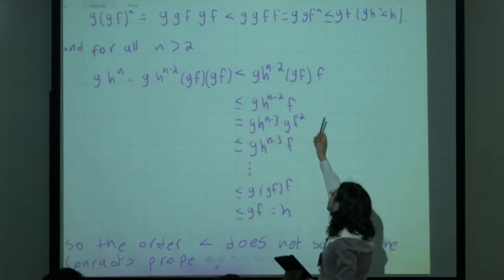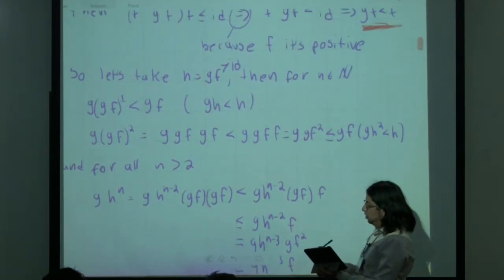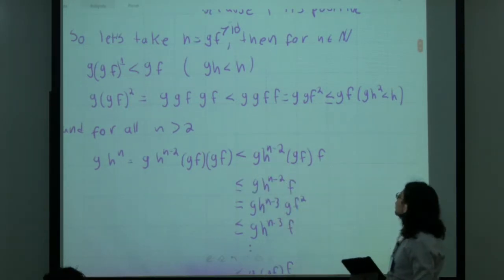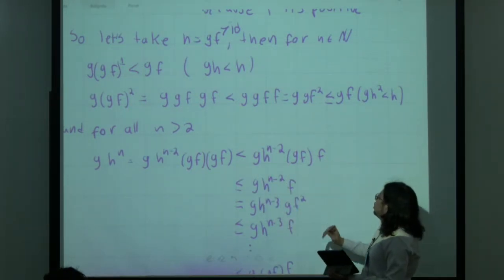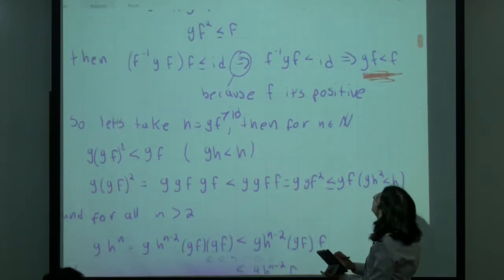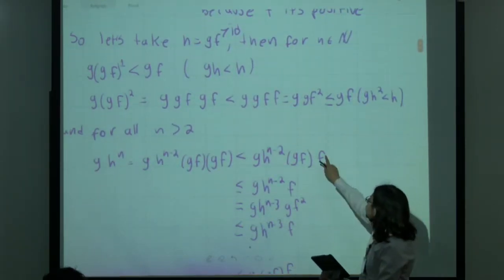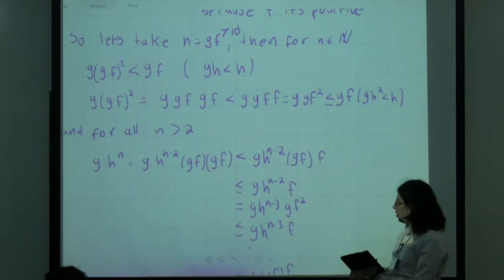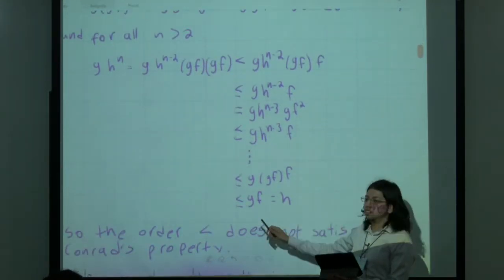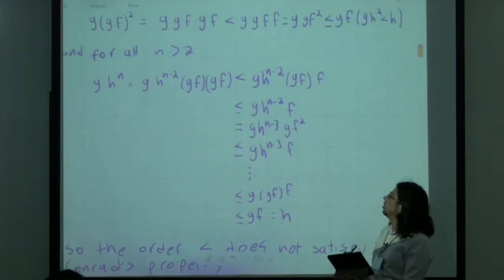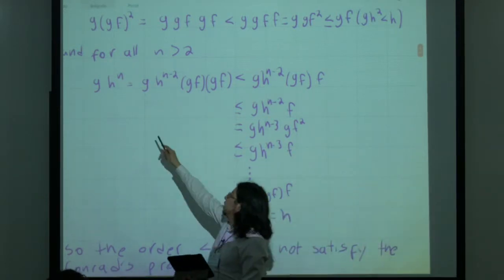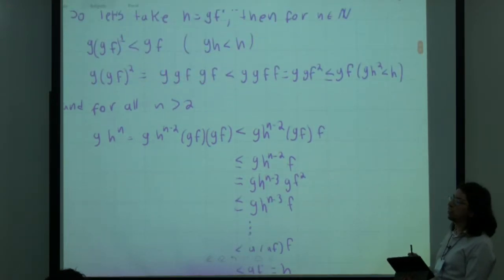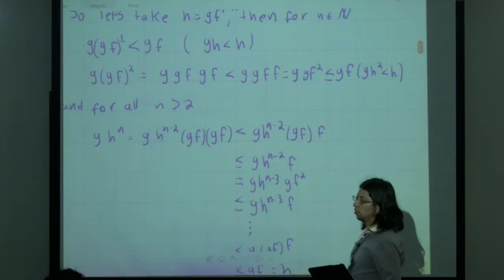We can use again this inequality for this, and after that we use again the first inequality, right, for making this less than or equal to this f, and we can iterate this process until we get this, that is h. So no power of h holds the inequality that must happen in a Conrad order, right?